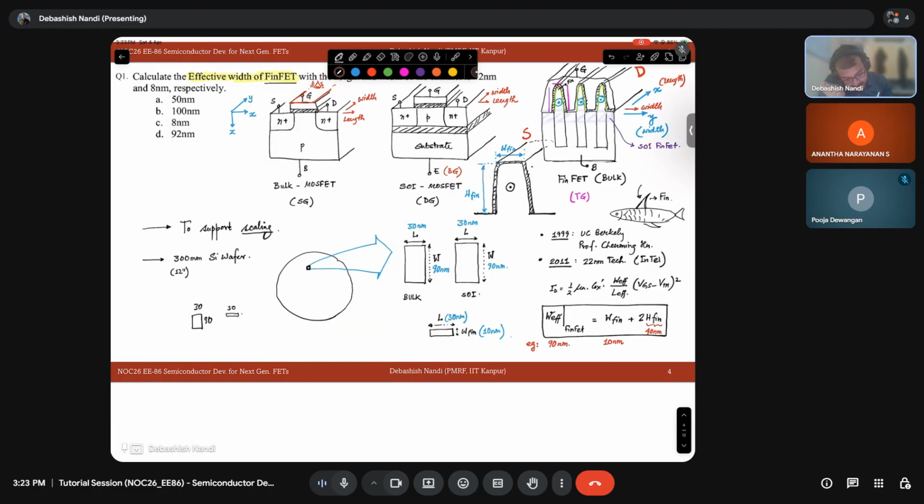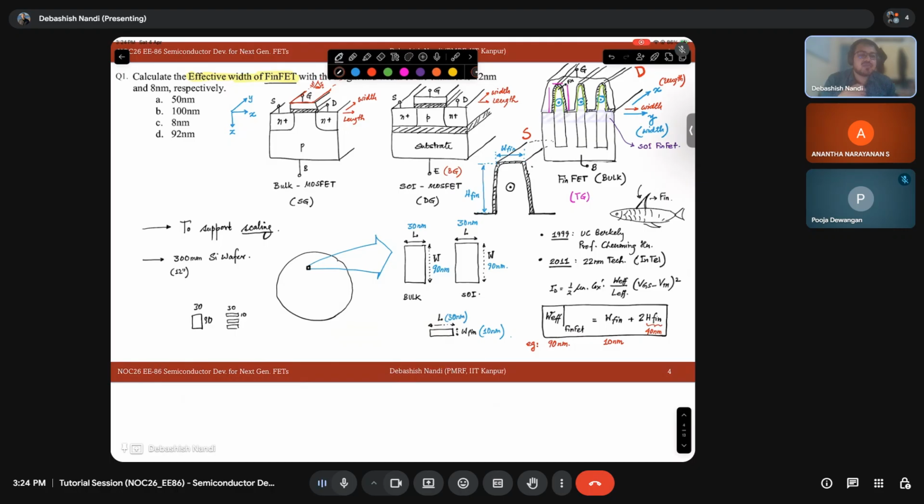So 30 by 10. Now, assuming that I am having enough spacing, I can have multiple FinFET in the same silicon wafer. So what I am doing essentially, I am increasing the density. I am increasing the transistor density in the MOSFET.